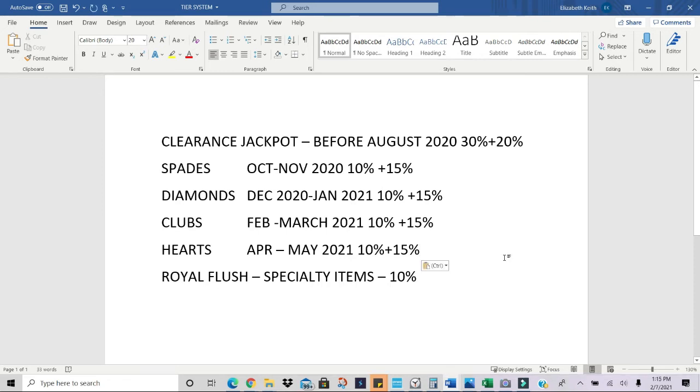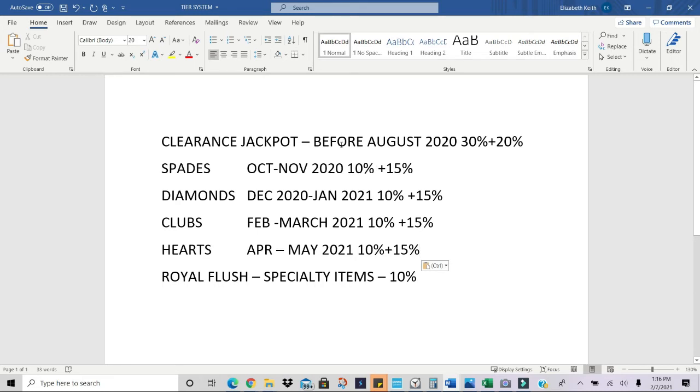I also use this tier system to refer to when I'm making offers on Poshmark. So if I have an item on Poshmark listed at my full price, which is 25% higher than the average price, and someone comes in and makes me an offer on something that was listed in October, if they like the item, I go ahead and offer them a 25% discount right off the top.